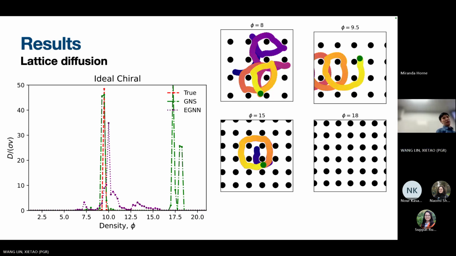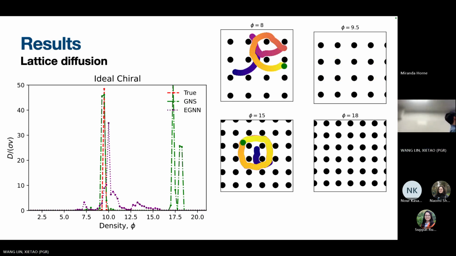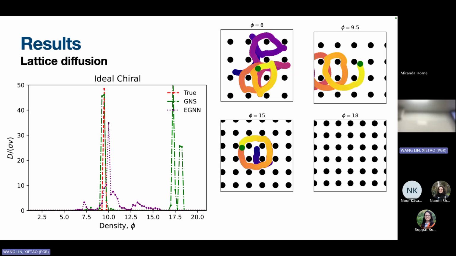And depending on this separation, the behavior can be quite different. So for example, here the particle is kind of stuck and just making these circles. And this one over here spreads a bit more. Particularly this one, it's moving. The lattice is making the particle move forward.